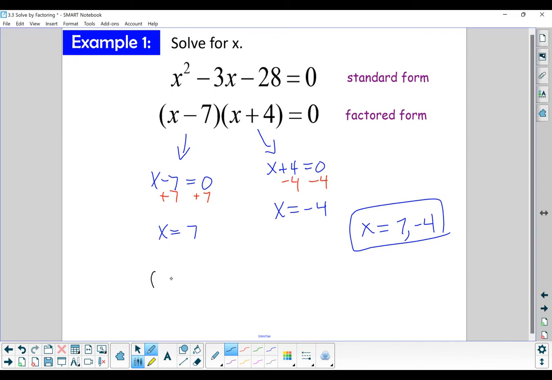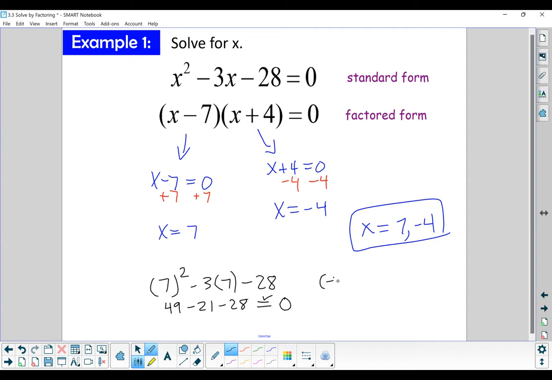So I just want to show you that it does work if we substitute back in. So if we have 7 squared minus 3 times 7 minus 28, if we calculate that, this is 49 minus 21 minus 28, and that is in fact 0.